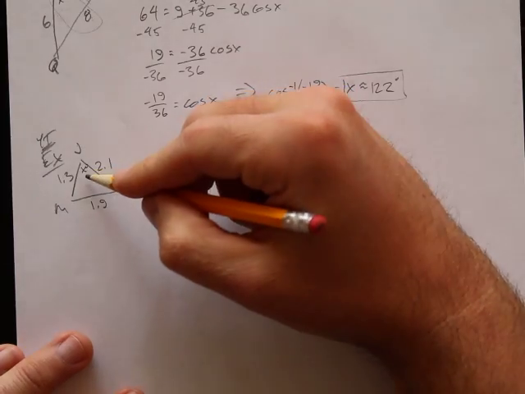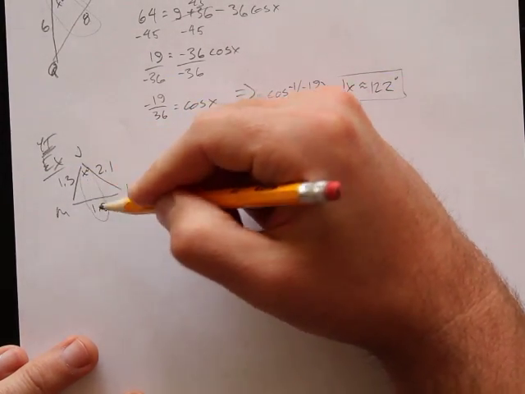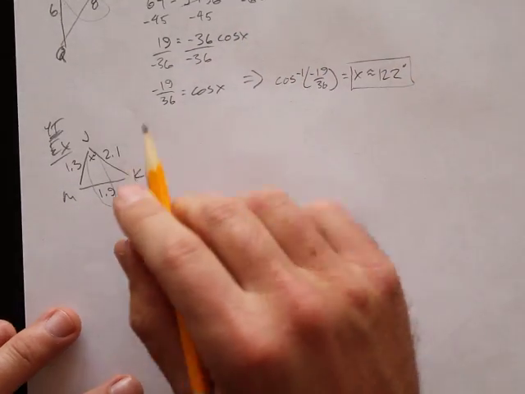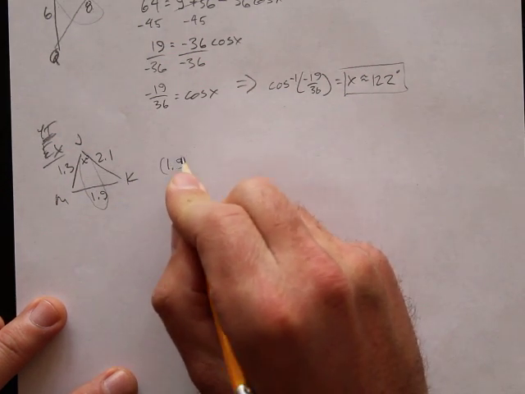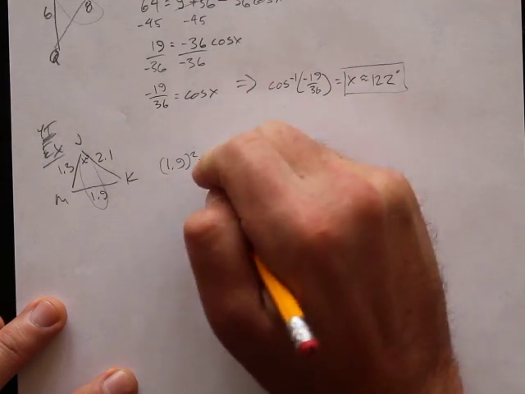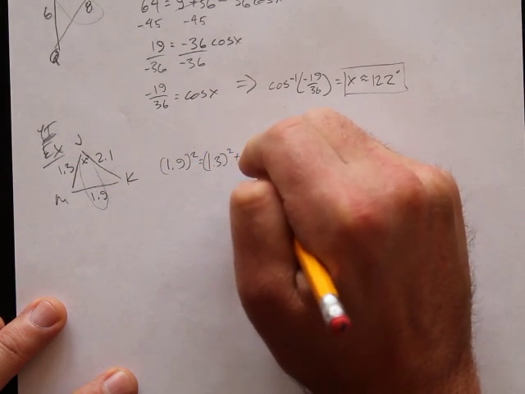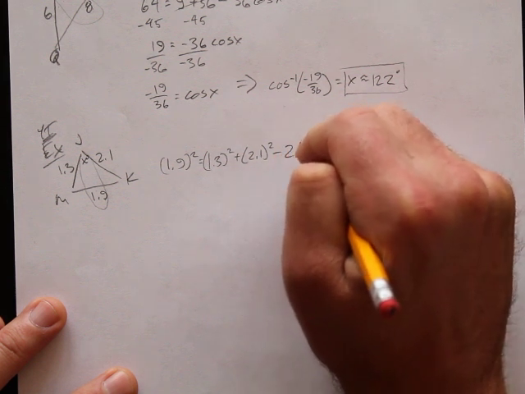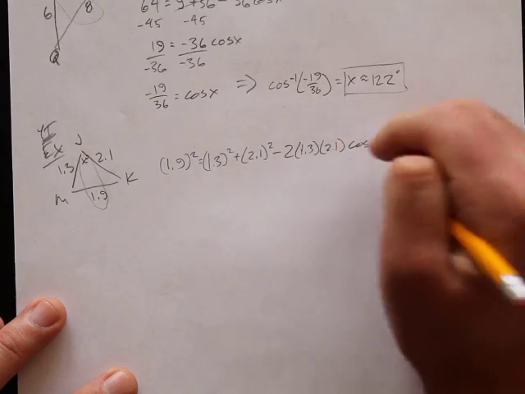All right, let's see how you did. We've got x and 1.9. These are the focus for my law of cosines. So I'm going to say 1.9 squared equals 1.3 squared plus 2.1 squared minus 2 times 1.3 times 2.1 times the cosine of x.